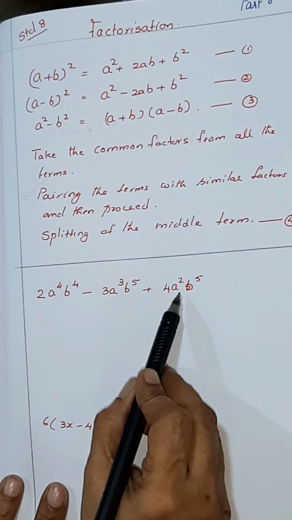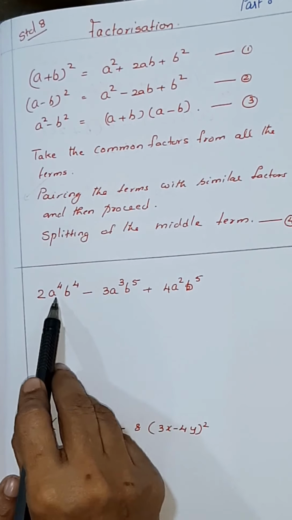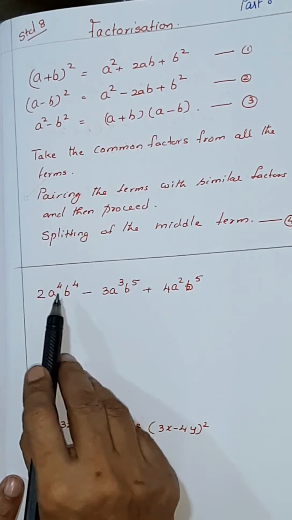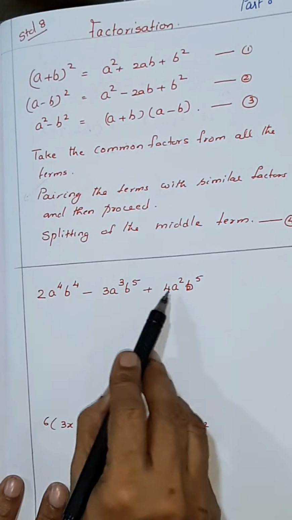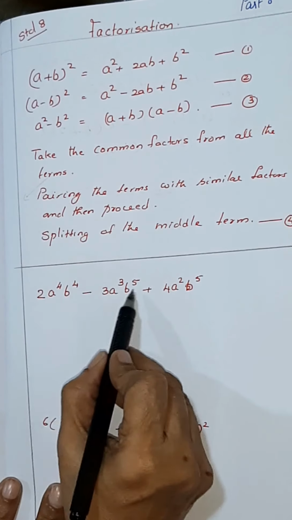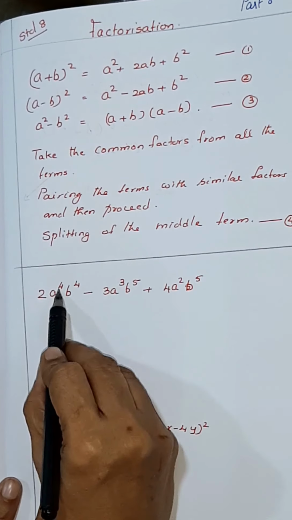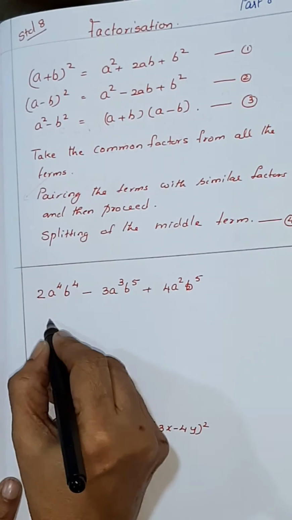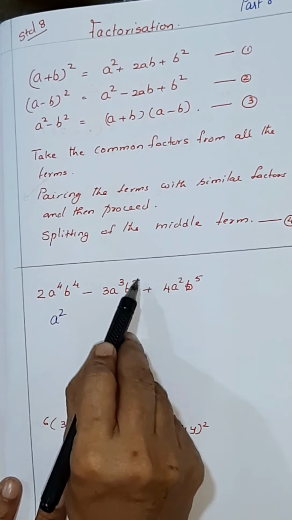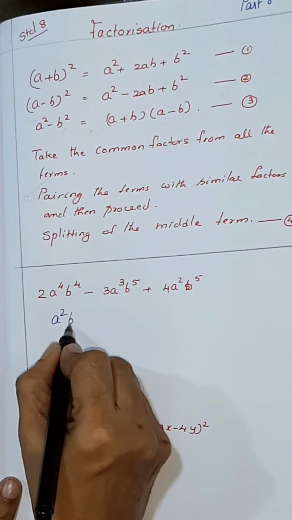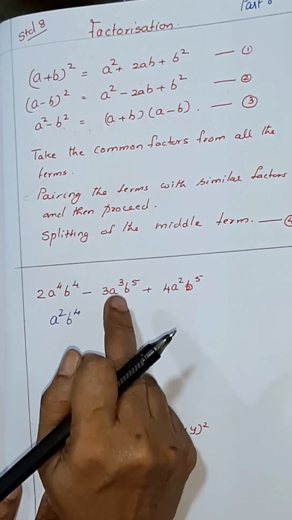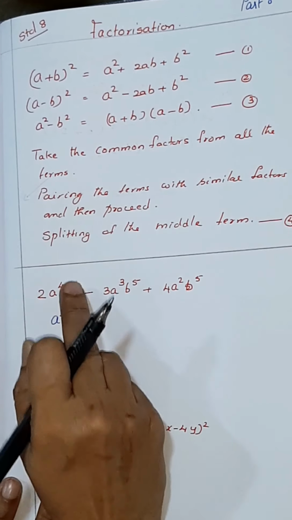Now we have three terms here, and in all three terms we have a and b common. So we will take a and b common. Here it is a squared, a cube and a4, so we take a squared as the common factor out. And here b4, b5 and b5, so b4 is common. We should not take b5 because this has only b4. We have to take the lowest power.